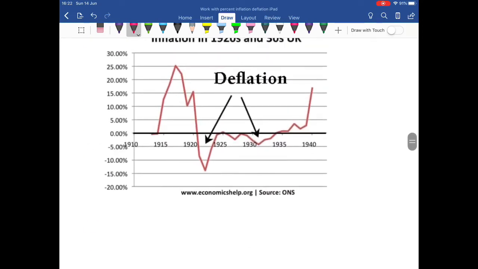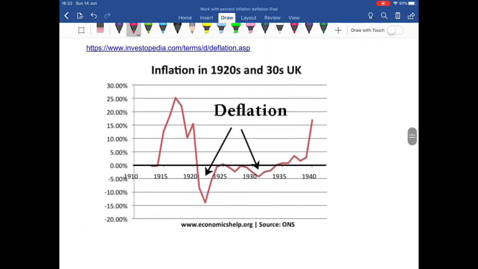We can have a look at it on this graph here. It was inflation in the UK in the 1920s and 30s. And what happened? These sections here show deflation because they are below zero. So prices go down, and deflation is a general decline in prices for goods and services, typically associated with the contraction in the supply of money.